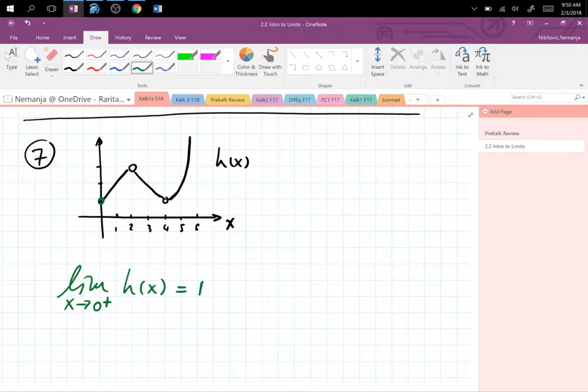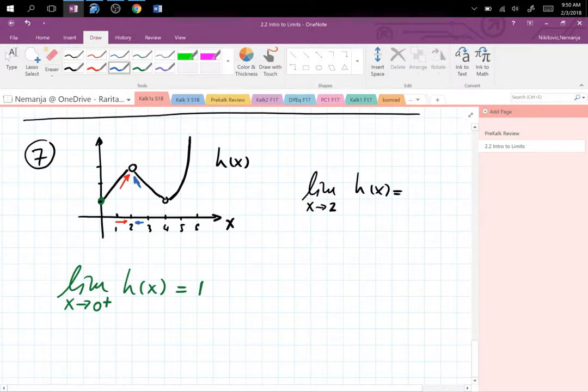Then I have the limit, let's say, as x approaches 2 of h of x. What is that? Well, to compute the limit at 2, I have to approach 2 from left and from right. Well, that means I'm going to do the Romeo and Juliet approach over here. I'm going to go this way, and I'm going to go this way.